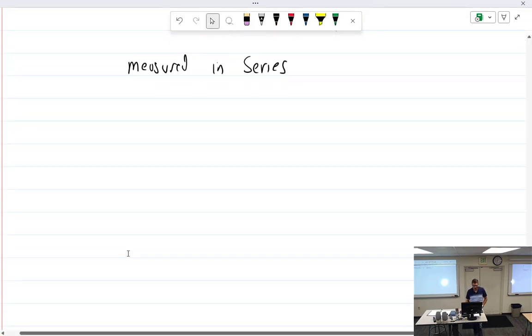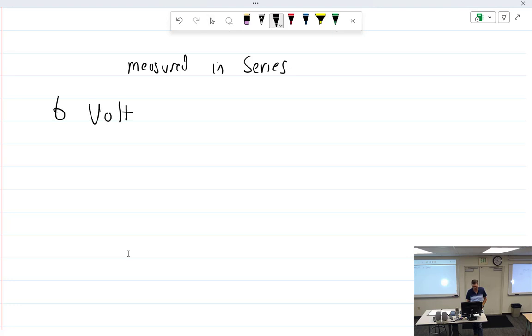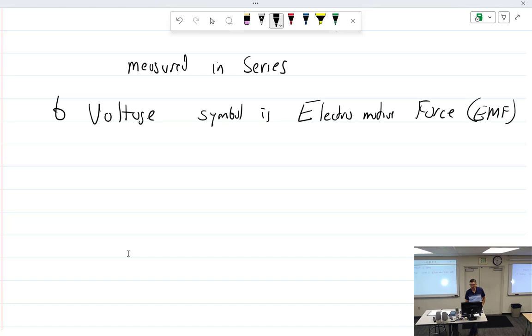All right, so next is voltage. The symbol is E for energy. Electromotive force, or EMF.